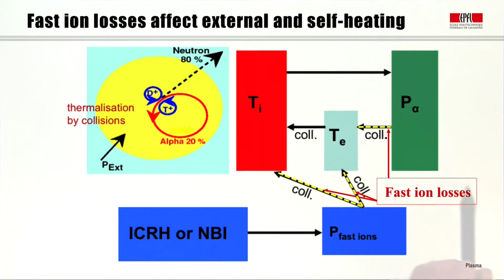What we worry about is if we have fast ion losses for different reasons, that they will influence the power that will be transferred from the alphas to the electrons, as well as the power that will be transferred from the fast ions issued by additional heating. In this case, power can be transferred to the electrons or to the ions depending on the energy of the fast ions. But in all of these cases, if fast ion losses are present, this transfer will be affected, and therefore the plasma will not be heated efficiently.